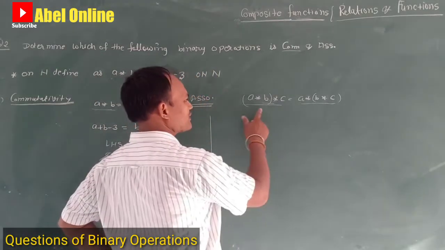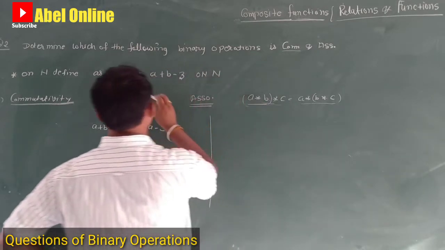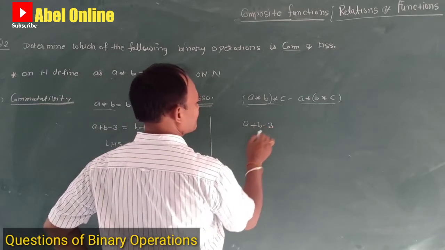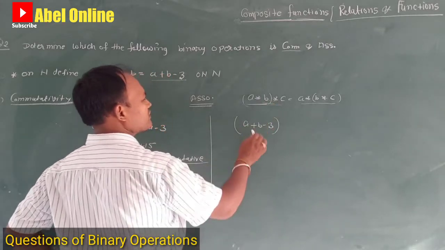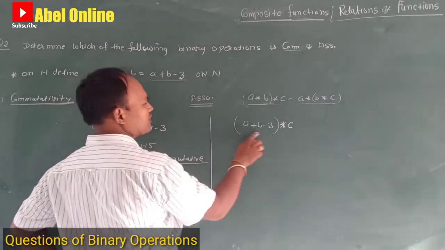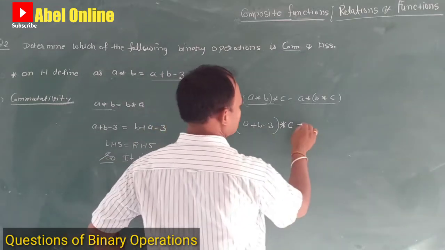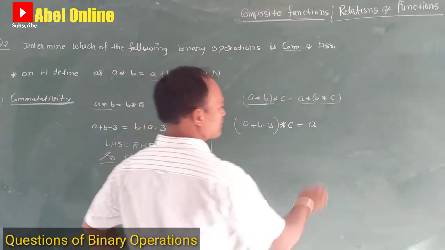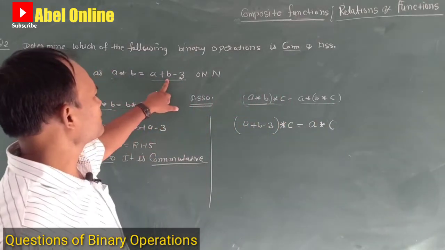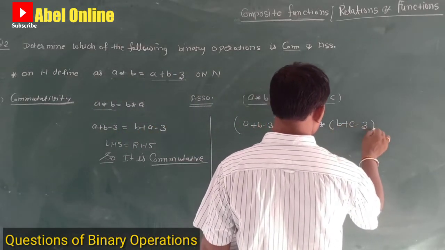For (A star B) star C, the value of A star B means A plus B minus 3, so put here A plus B minus 3, and this is star with C. Now A star (B star C): the value of B star C means B plus C minus 3. So we can write here B plus C minus 3.